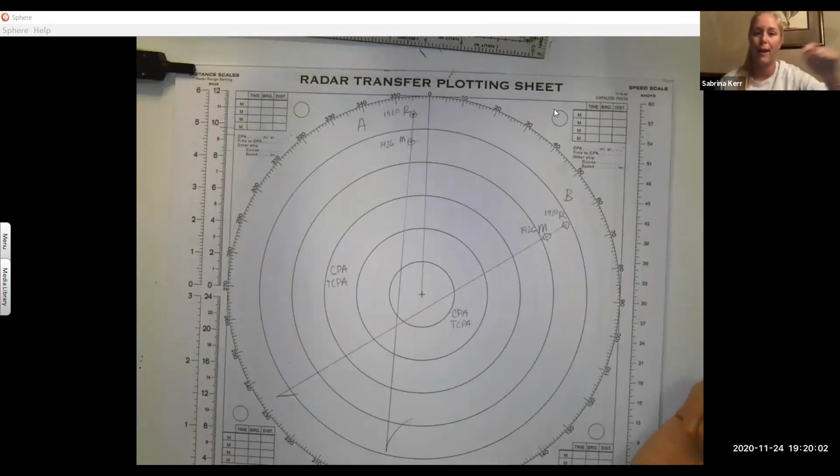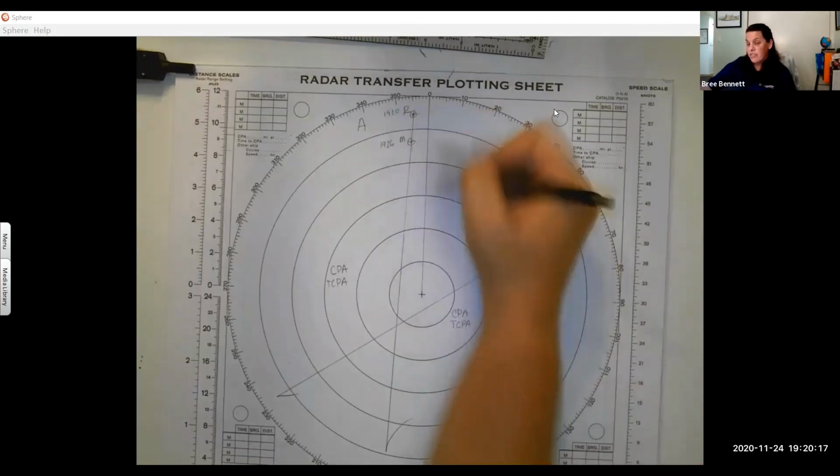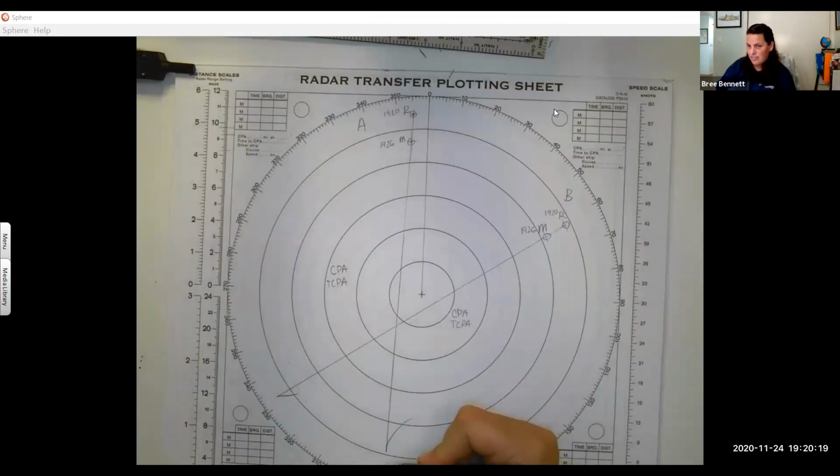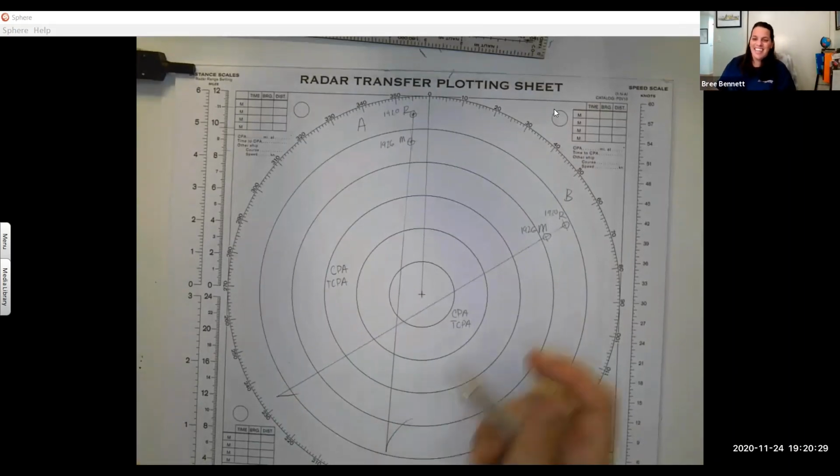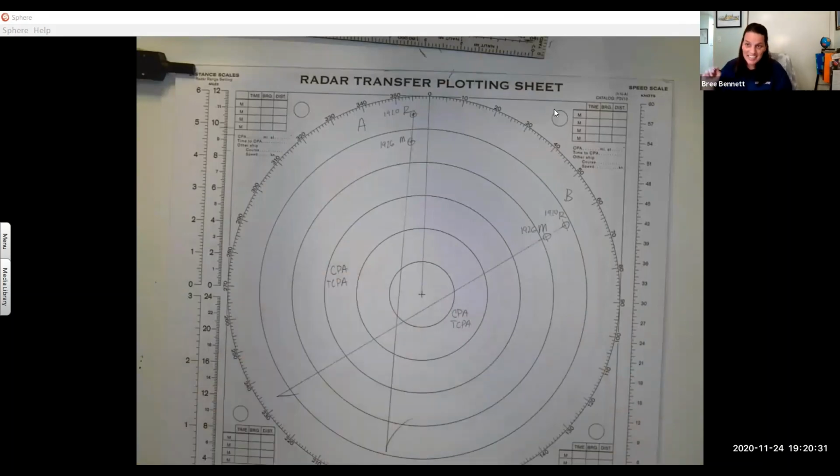Like, how quickly they've moved in 6 minutes. If let's say contact A was 11 miles and then 7 miles, you would say, well, he's going a lot faster than contact B. And that's the relative speed going a lot faster, right? Okay. Yes. That is correct brain thinking. Keep going with that. And then let's find the data.